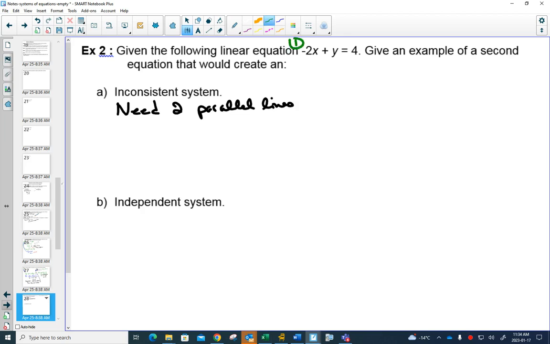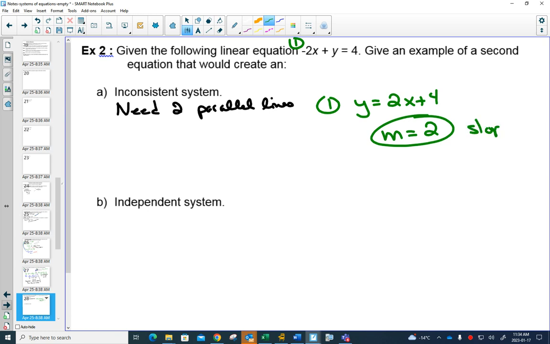This equation number 1, can you see that you could rearrange it to y equals mx plus b form? And if I rearranged it to y equals mx plus b form, I would know that the slope of my line is 2.